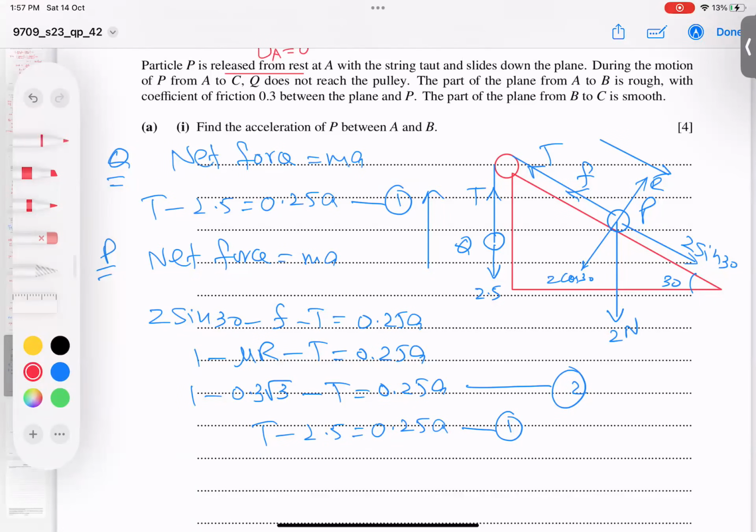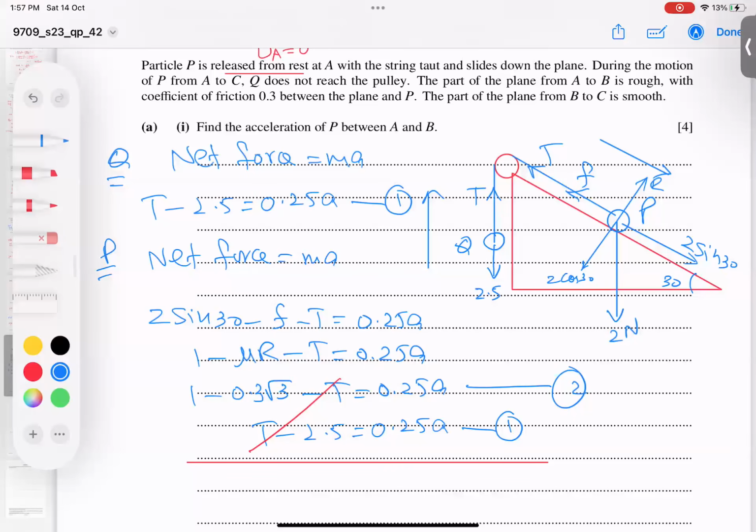If I make a line here, the tension will cancel out automatically, and afterwards, if I find it, what answer turns out to be? Let me find it in the calculator.